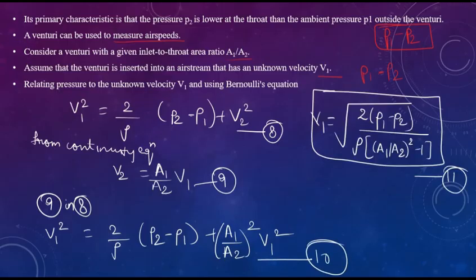Upon solving this equation 10 for V1, this is the term that we get, which is our equation 11. Now this equation 11 is giving me the inlet air velocity in terms of pressure difference, known density and area ratio. We usually consider these quantities to be known. So can I say from this equation that we can use a venturi meter to measure the air speed, that is the air which is entering the duct, correct?